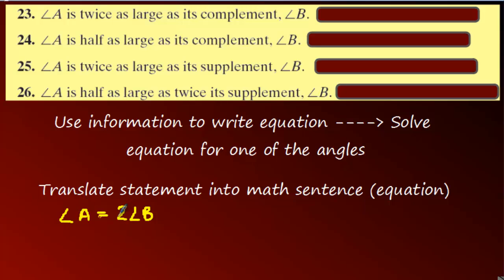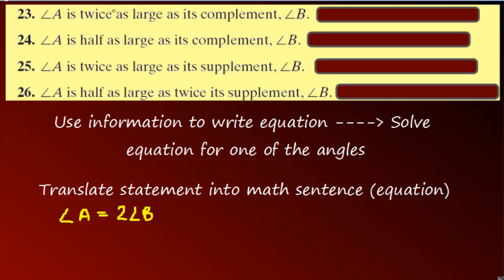I don't know what A is, and I don't know what B is. So it's impossible for me to determine them mathematically without another equation. You may be able to figure that out in your head, but we want to write it out mathematically. So is there any other information in the problem that helps me write another equation?